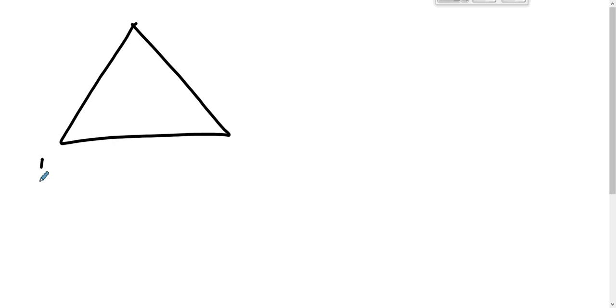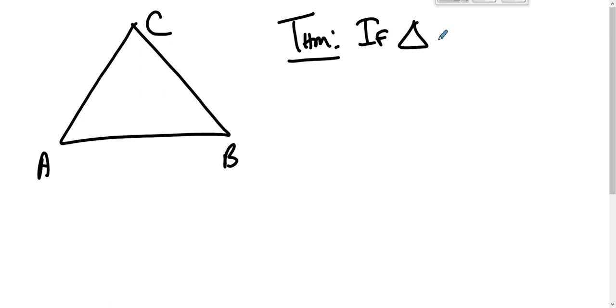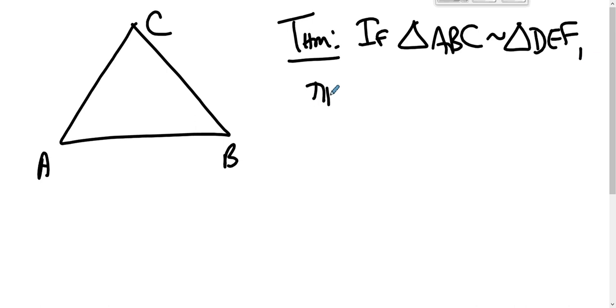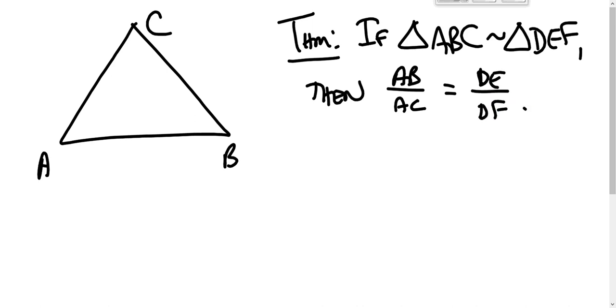Some things we should consider. If triangle ABC is similar to triangle DEF, then AB over AC equals DE over DF.